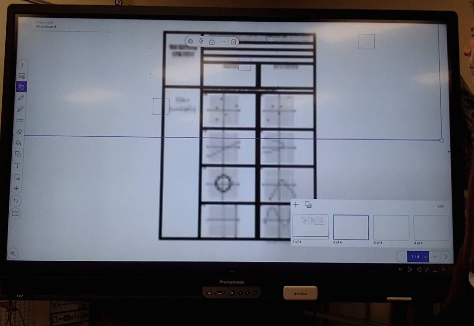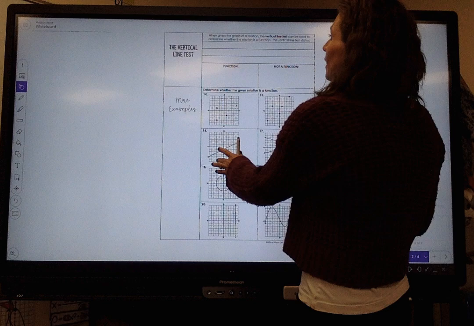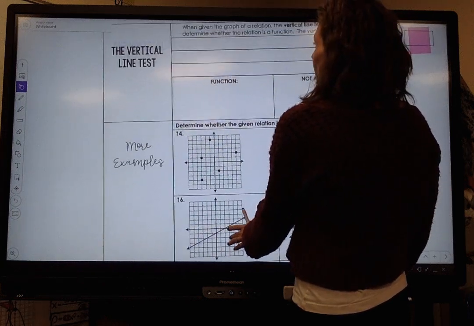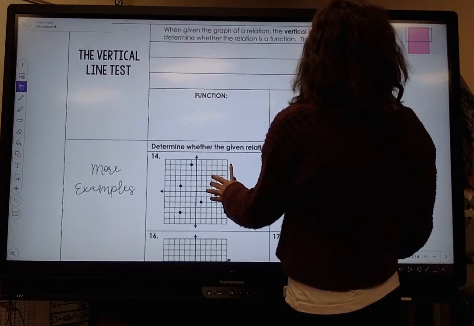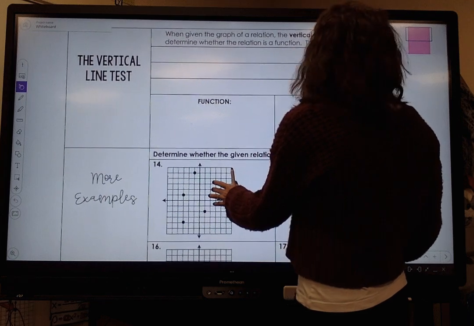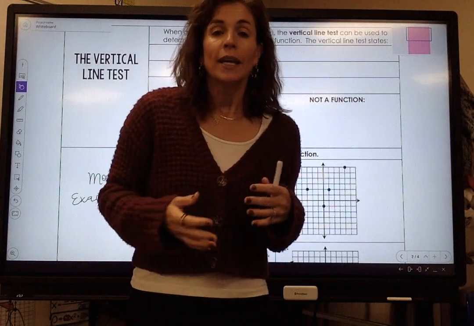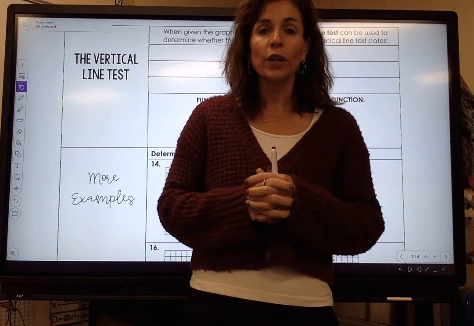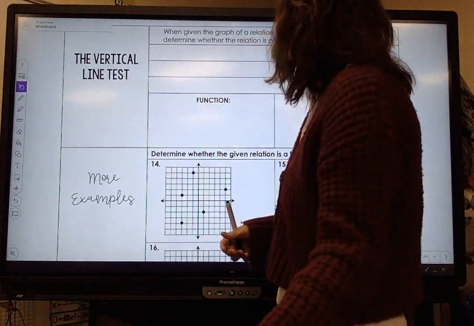Let's flip the page for me, and then we are going to determine from a graph, if you're looking at a graph, is it a function or not? So we're going to use something called the vertical line test.